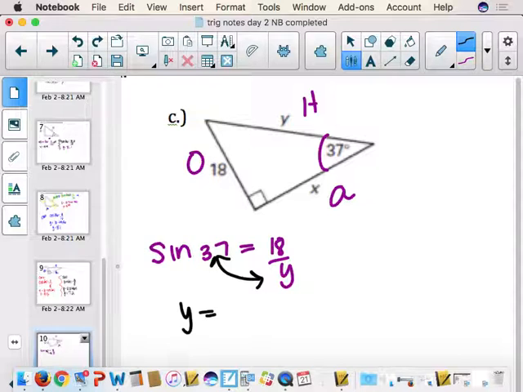So y equals 18 over the sine of 37. And what would that look like? Calculator time. 18 divided by the sine of 37.